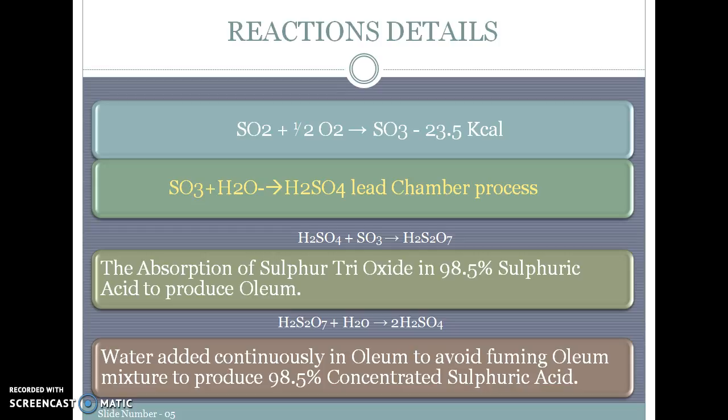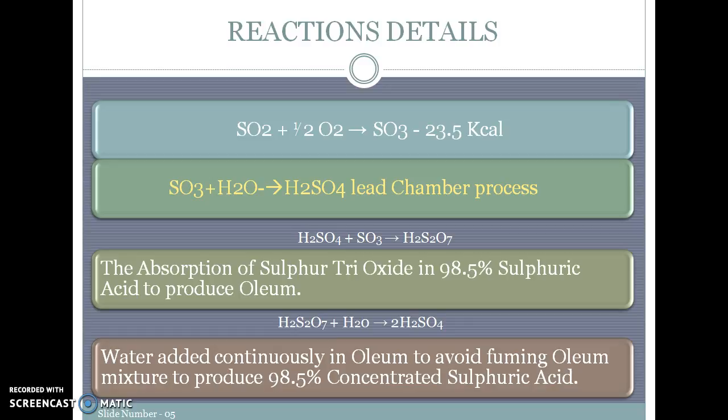The reaction of SO3 with water is very slow, which will give only 11 to 12% of H2SO4. So initially whatever H2SO4 is produced is produced by this process, and henceforth the same H2SO4 is used to absorb SO3 to give you oleum.